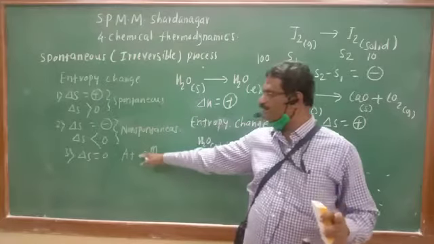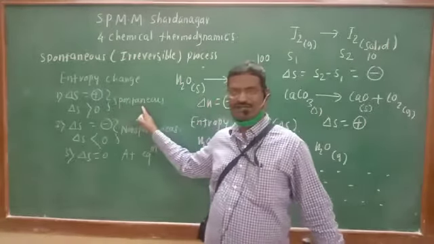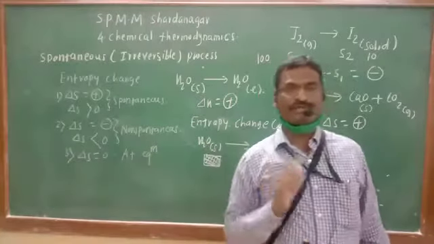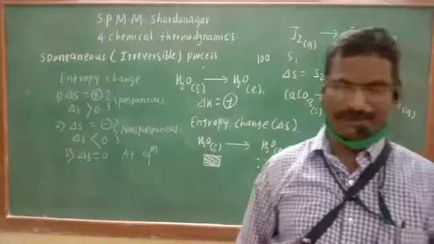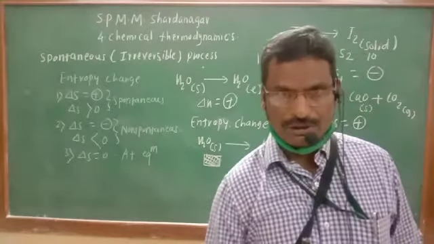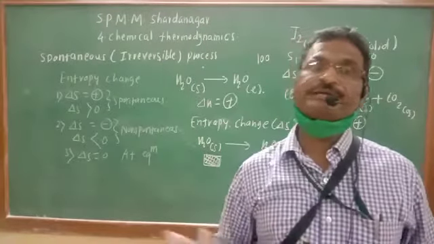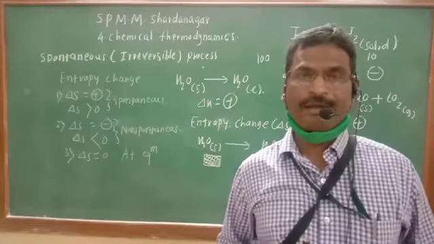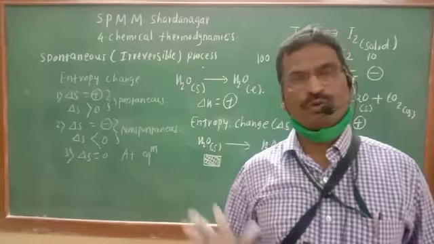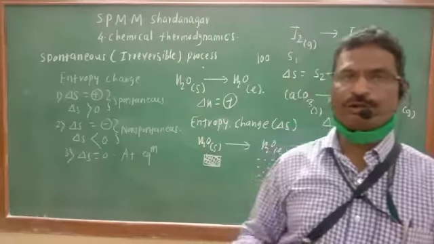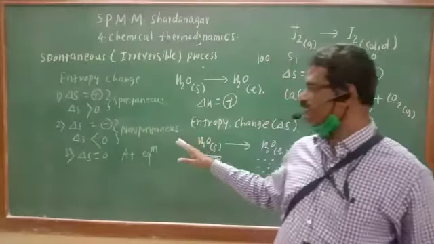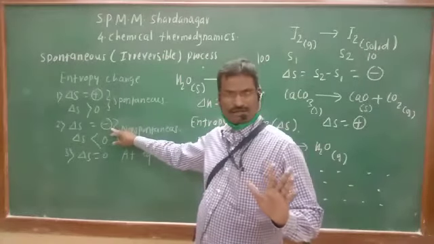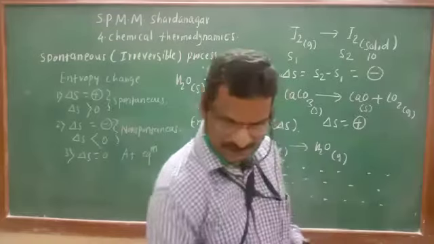And it is studied like this: if delta S is positive, they are spontaneous, negative means non-spontaneous, and if equal to 0, the processes are at equilibrium. But this criterion is also not sufficient to explain some of the processes which are spontaneous, to which entropy change is also negative. There are some processes in which entropy change is negative.